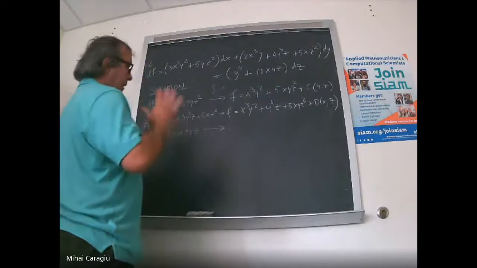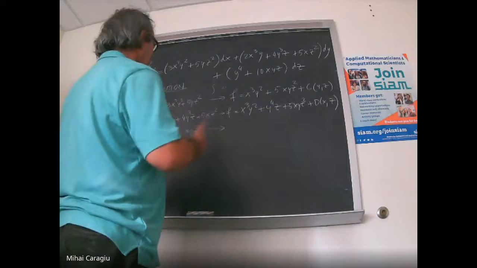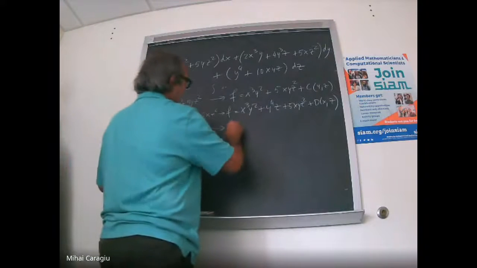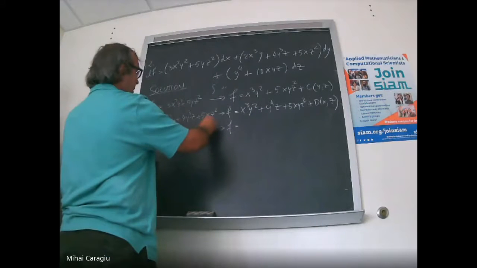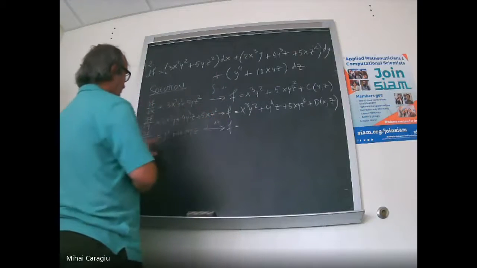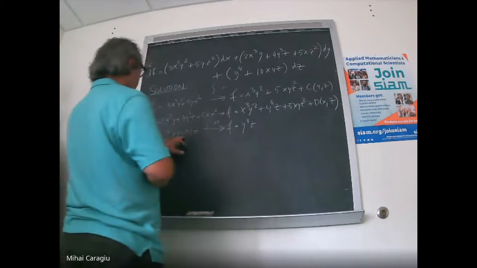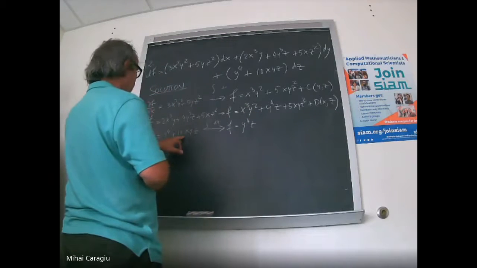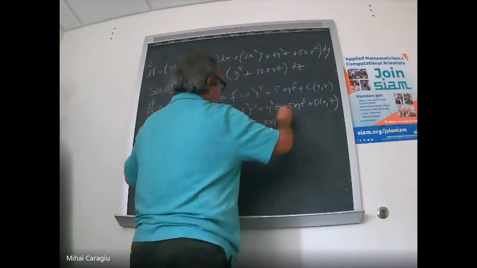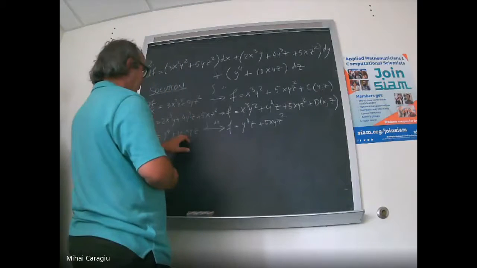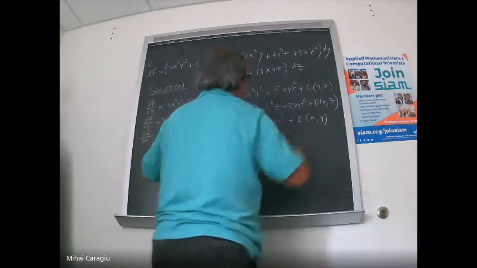Finally, a third look at f from a different angle. We integrate with respect to z, right? So f will be y to the power 4 z plus 5xyz squared plus a constant p of x and y.